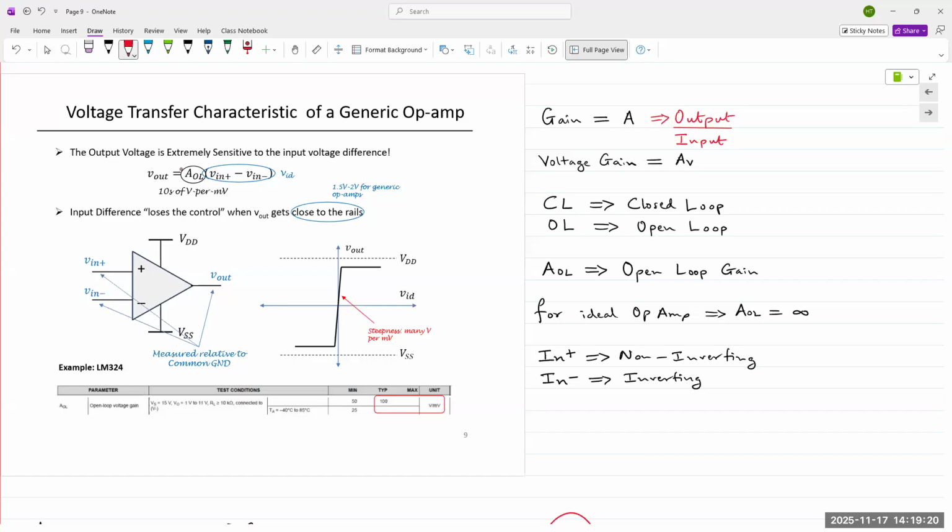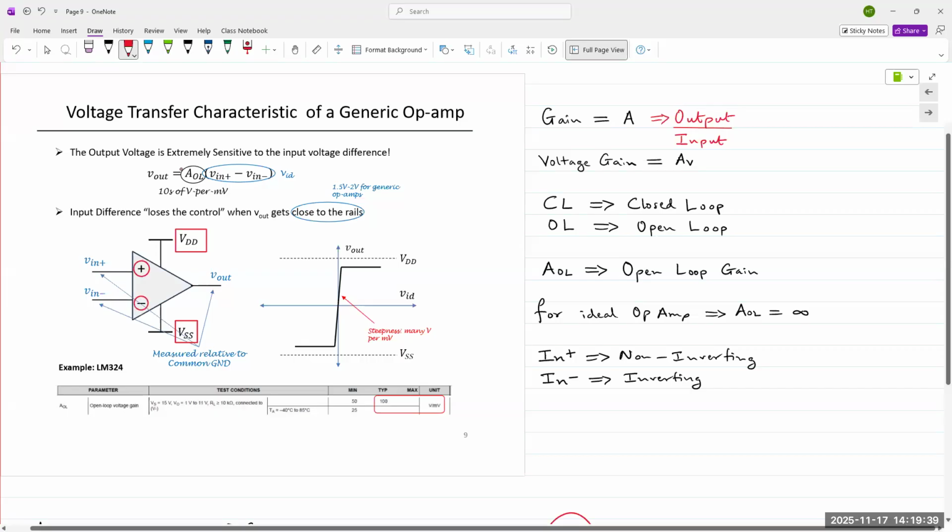which is, in our case, here, VDD and VSS. Okay, VDD and VSS. That's the non-inverting terminal. That's the inverting terminal. Okay.